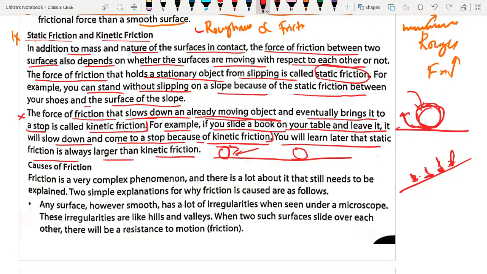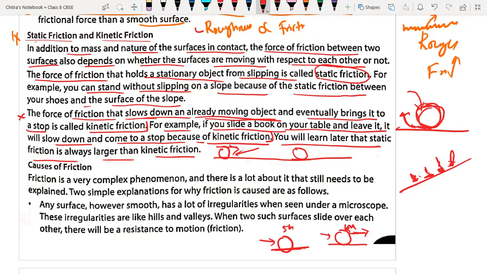Suppose we had two objects of the same mass, say 5 kg each, one stationary and the other 5 kg object in motion. If you apply the same force on both, the object which is already in motion will move faster compared to the stationary object.